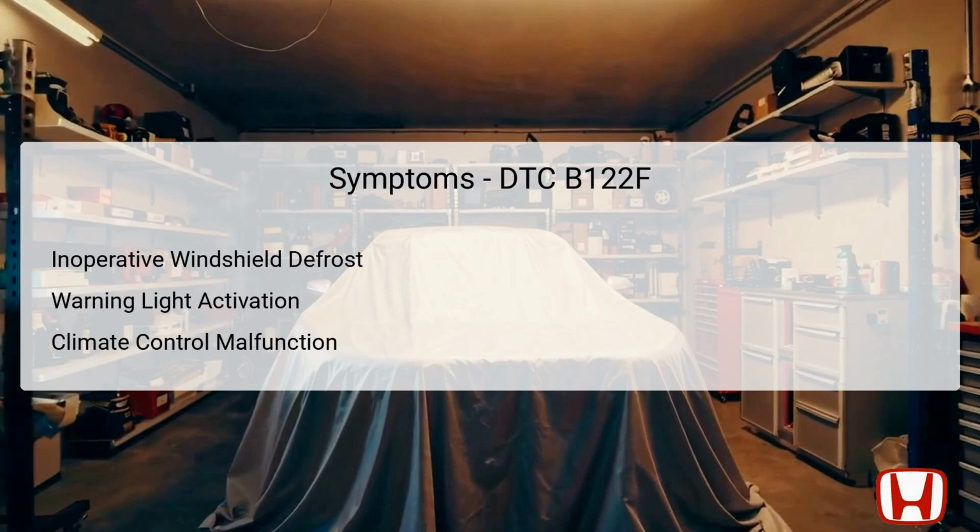The symptoms associated with DTC B122F can greatly affect the driving experience. One of the primary indications is an inoperative windshield defrost function, which can impair visibility and create unsafe driving conditions. Additionally, the driver may observe that a warning light activates on the dashboard, alerting them to the climate control system malfunction.